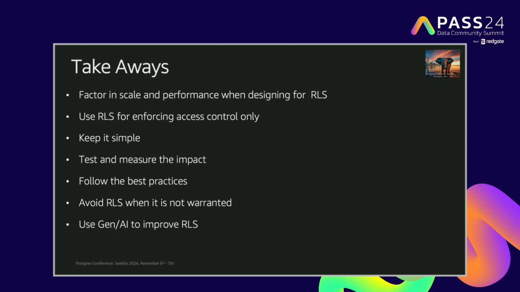Follow the best practices that we talked about, and avoid RLS if you know it's not really required. Use GenAI to improve RLS. And if you're using GenAI, consider RLS to limit the responses and answers that the users of GenAI get, depending on whatever their role or persona is.